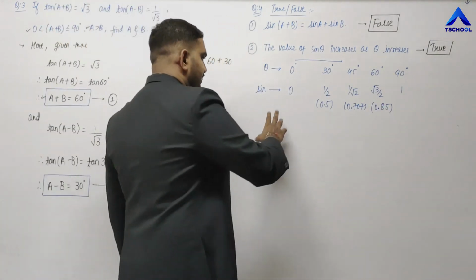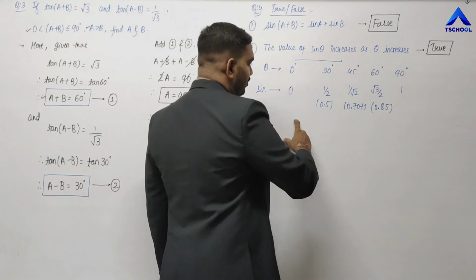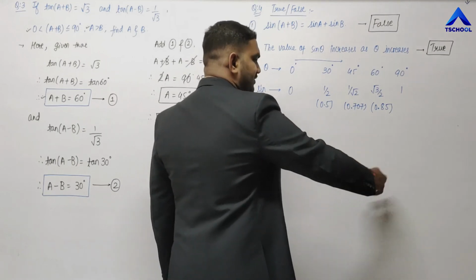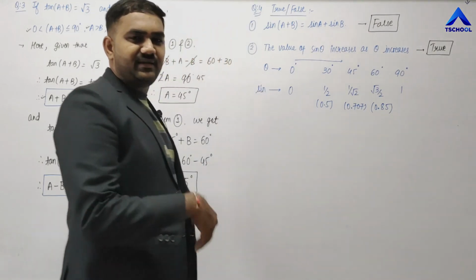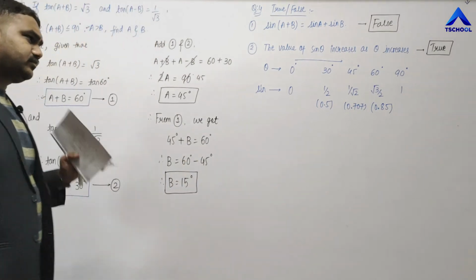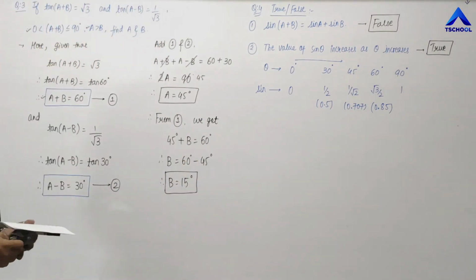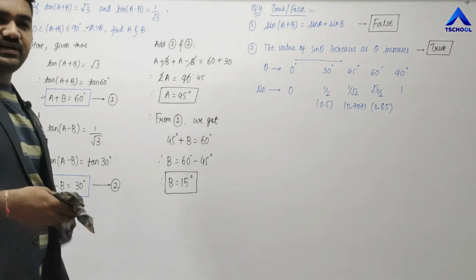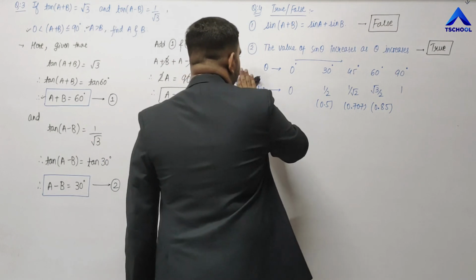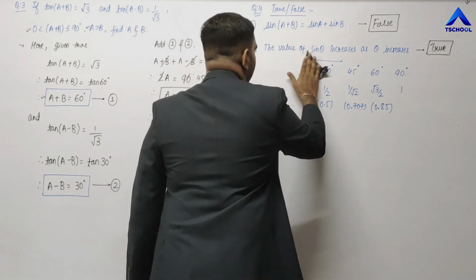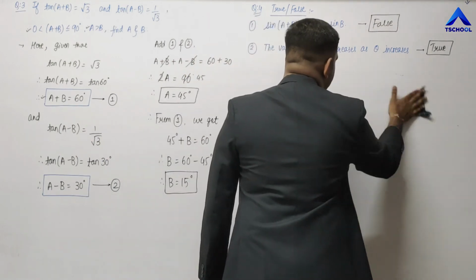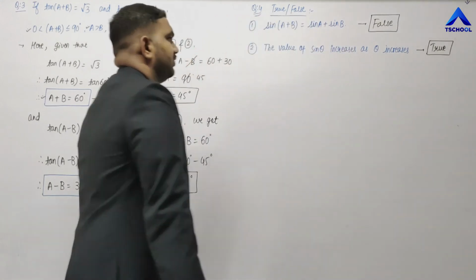In between these, the values are 0.5, 0.707, 0.85 approximately, and then 1. So the value of sine theta increases as the value of theta increases. Right? So that is the understanding for this question.